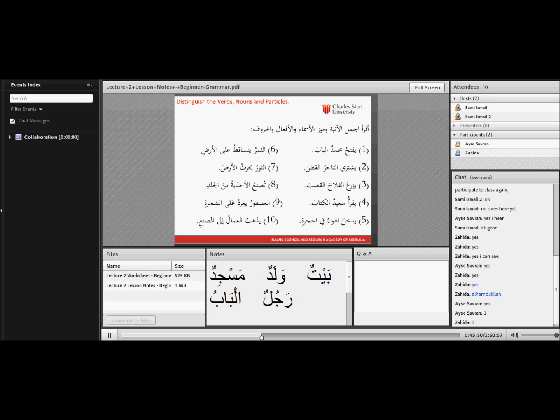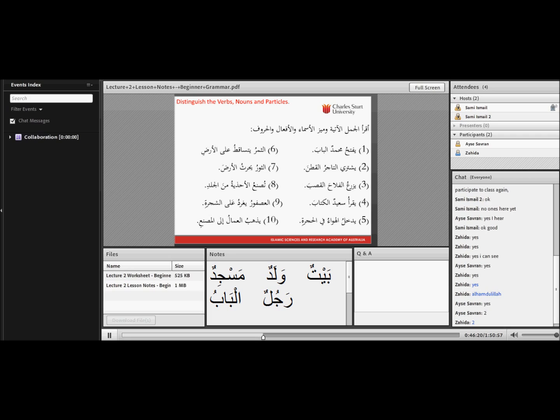If an action occurs in the present, or will occur in the future, that's called fi'l mudari', which means present tense verb. And the last one, if you command someone to do something, that's called a command verb. In Arabic, we say fi'l amr. So they all start with fi'l. Fi'l means verb. Fi'l madi, fi'l mudari', fi'l amr.